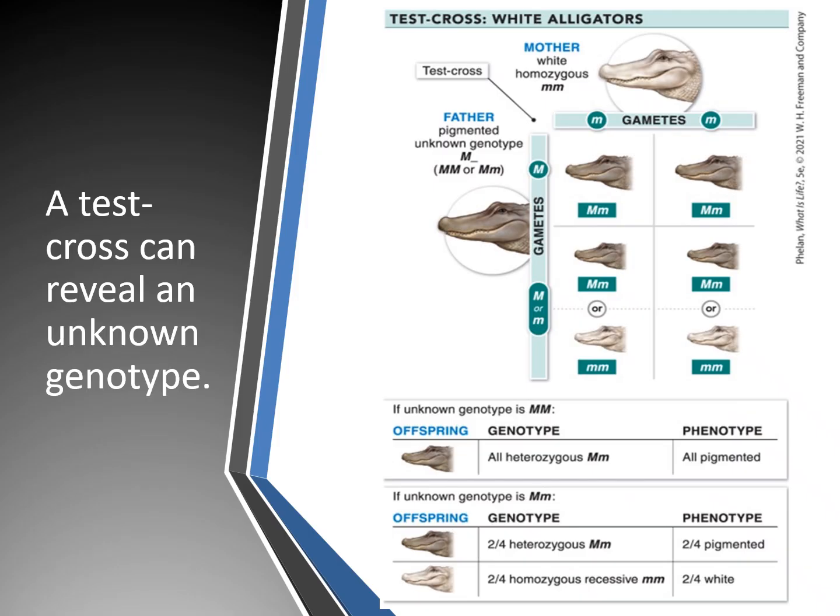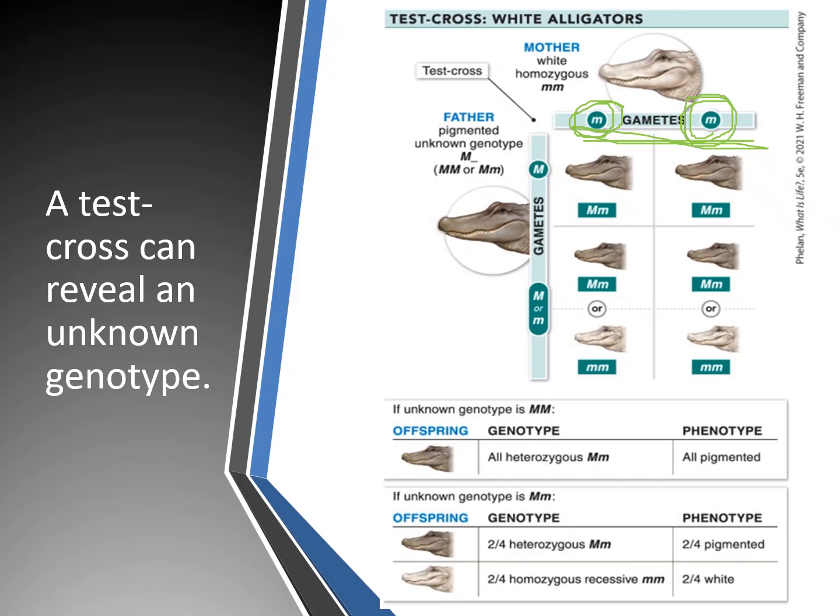So in this example, the only parent that we know for sure what their genotype is, is the mom. She has a physical feature, a phenotype, that tells us that she has two recessive alleles. So she is a white alligator, and we know that in order to be a white alligator, you have to have two recessive alleles. So we know the only thing that mom can pass on is that recessive allele.